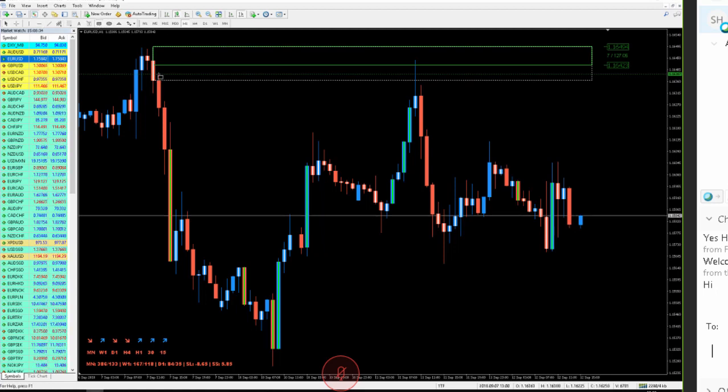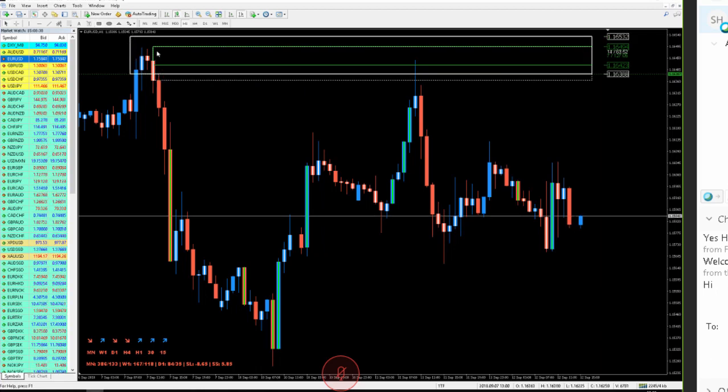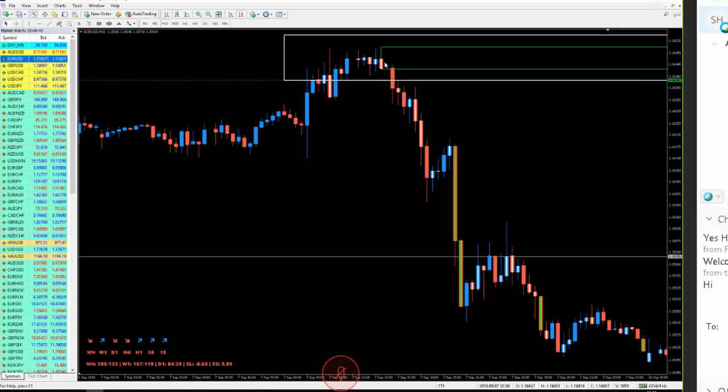You start scaling in from here, and you would keep going until price reaches your entry, which would be in here. So this is the beginning of the sell zone, and this is kind of the last price window. So this is the window for selling. If price comes in here, you start selling, stop.